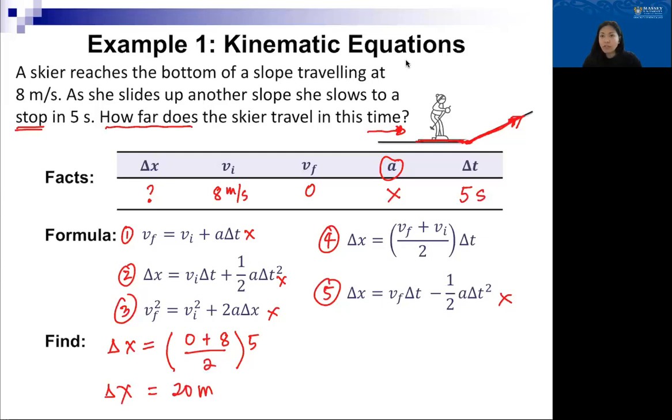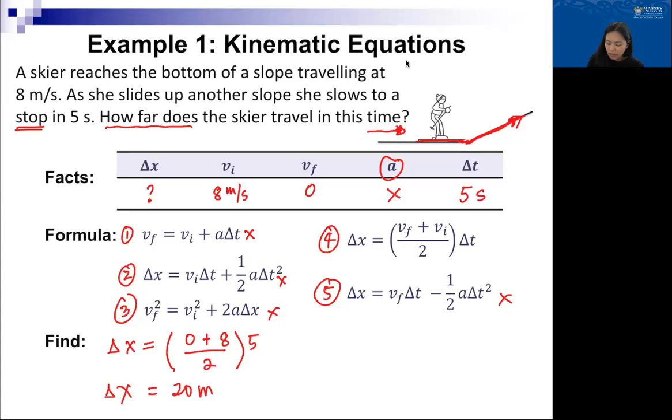Does that sound okay? Did we get 20 meters in the calculator? Yeah, good. All right, so that's essentially what I mean: writing down the facts, then picking the formula based on what's given, and then finding what's unknown.